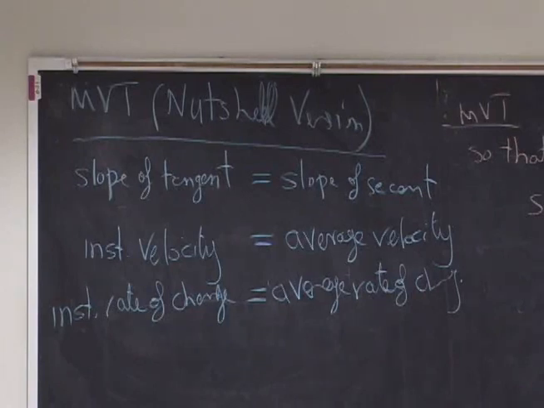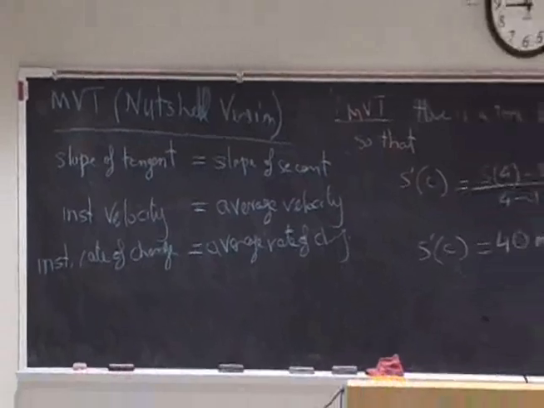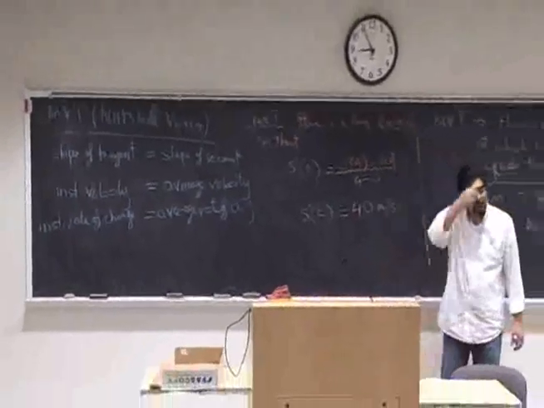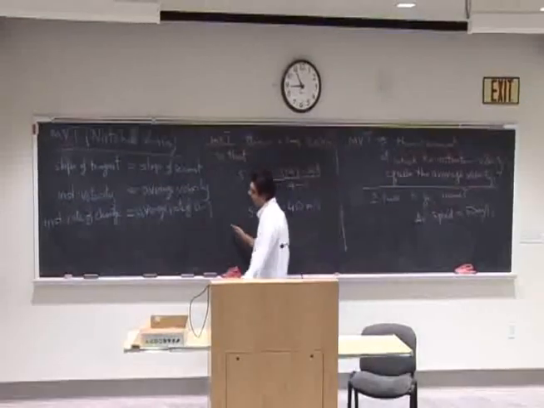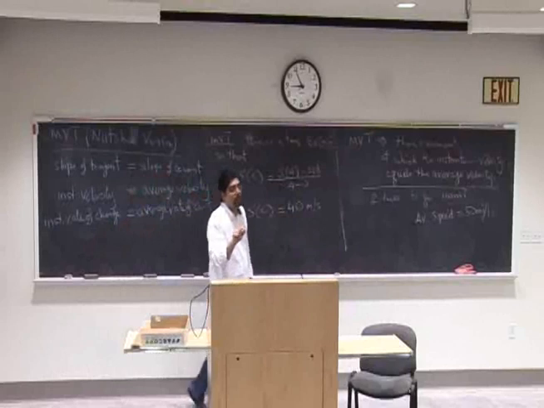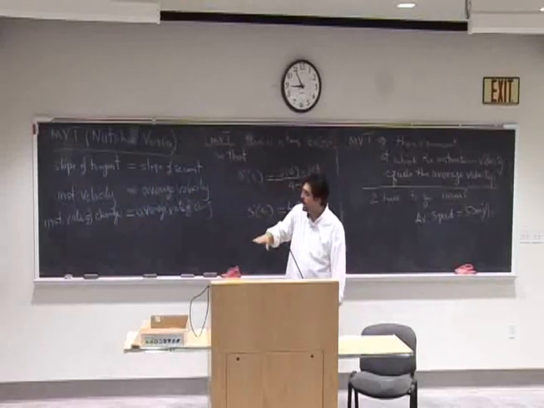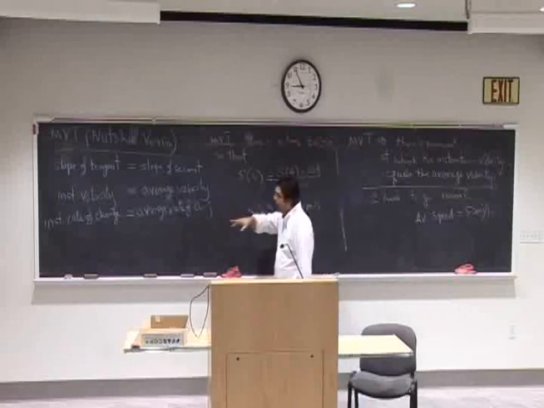If the population was 5, and then after 2 days the population was 500, then the average increase in population is 49.5 per day, or whatever, if I did my math. But it's just saying that at some point, the instantaneous rate of change of population is equal to the average rate of change of population. Okay? At some point.